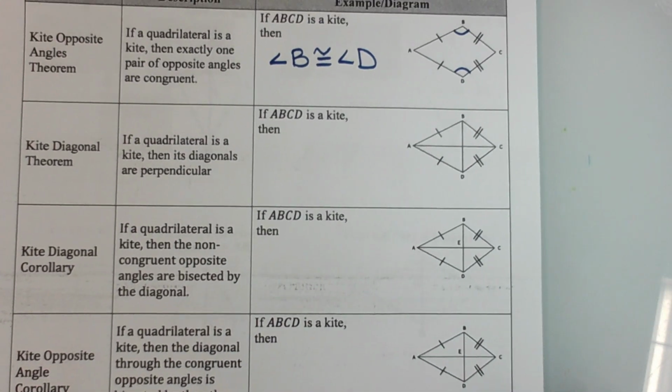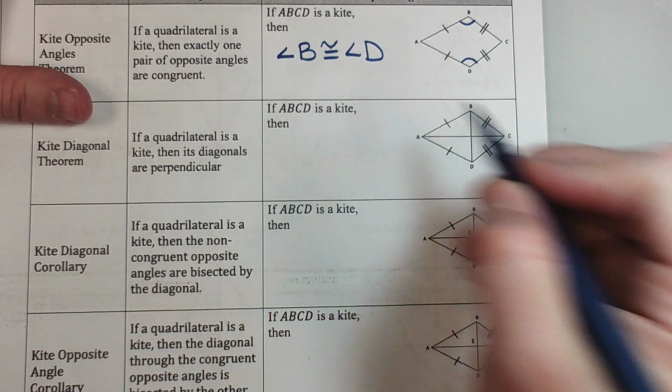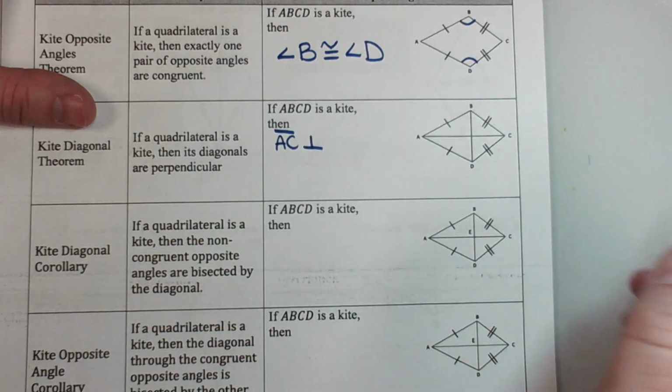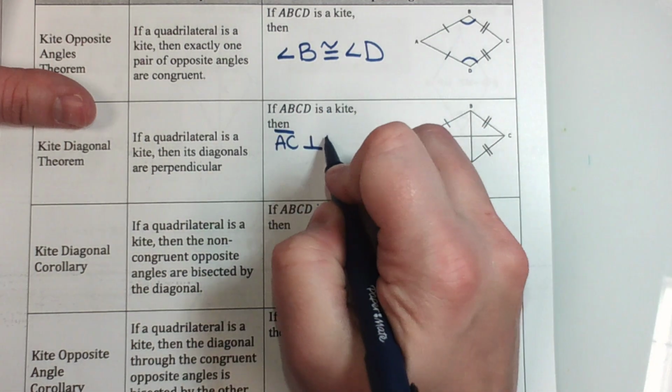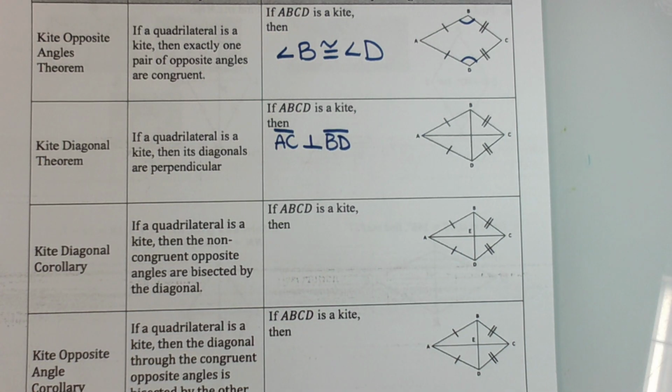In a kite, we also have the diagonal theorem, which says the diagonals are perpendicular. AC is perpendicular to BD. Now, what does perpendicular mean again? They cross at a specific angle, a right angle. They cross making a right angle.